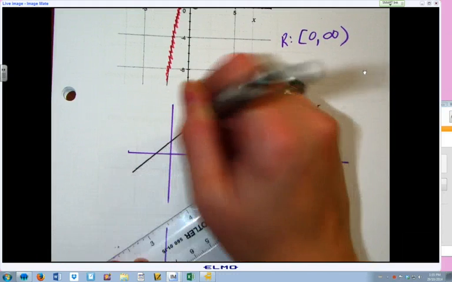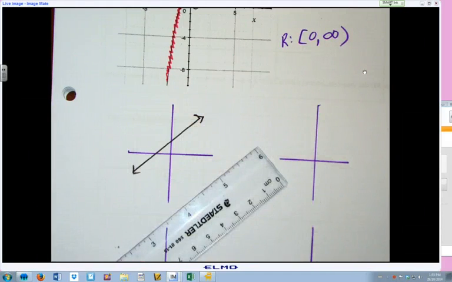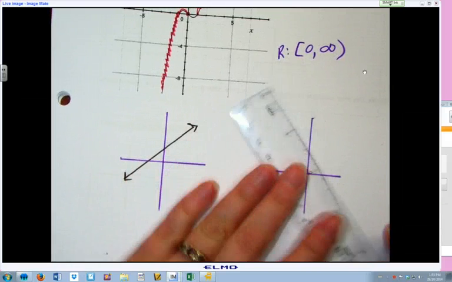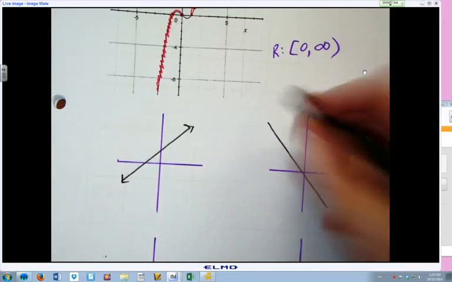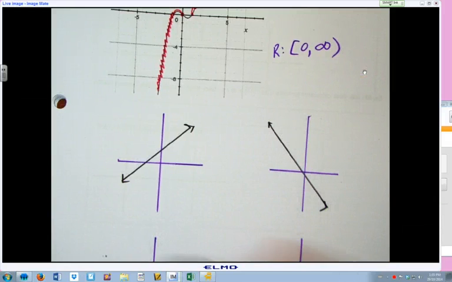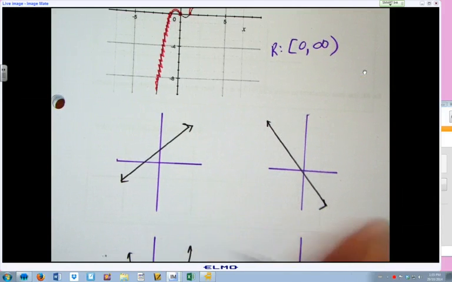Positive line, I'm not putting it anywhere particular. Just drawing a positive line. And then a negative line. And then an up parabola and a down parabola.